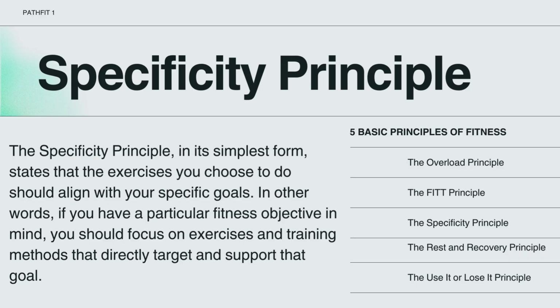Next, we move on to the specificity principle. The specificity principle is quite simply that the exercise you do should be specific to your goals. For example, if your goal is simply health and weight management, focus on total body strength, cardio, and a healthy diet.